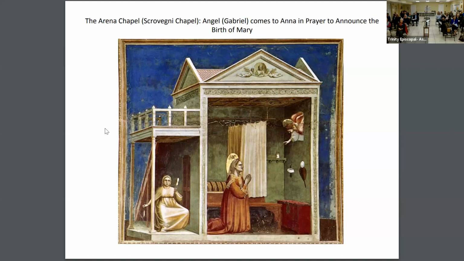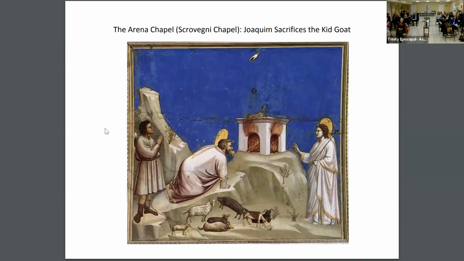And this is a spool, like from yarn, from knitting or weaving. And that was an attribute to her. That was probably her profession or her passion. And it was also a very big deal in Italy. Of course, fabric was everywhere. So Joachim, while this is happening, goes and sacrifices a goat.